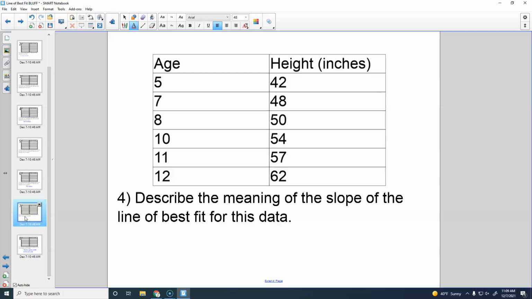It must be written down. You can't just say it out loud. And you must have units, so you can't just tell me 5. I need to know if it's 5 inches or 5 years. Make sure you include that.